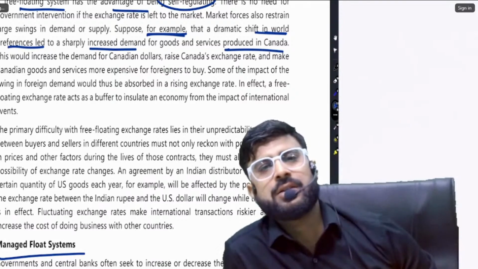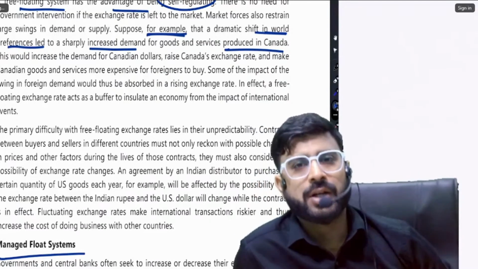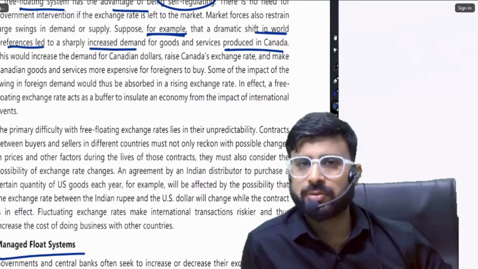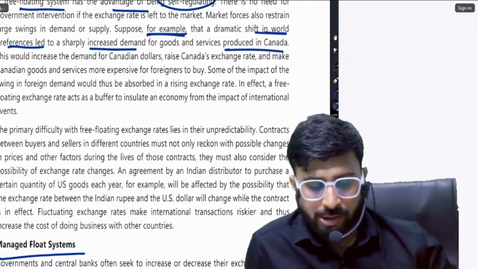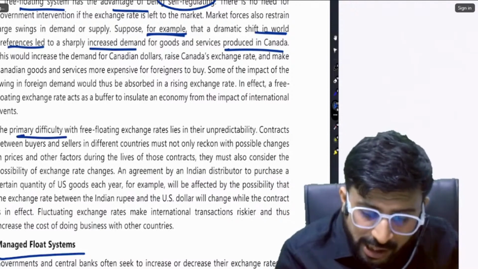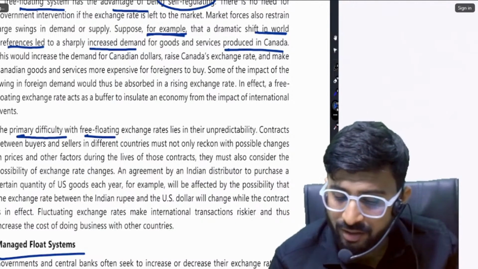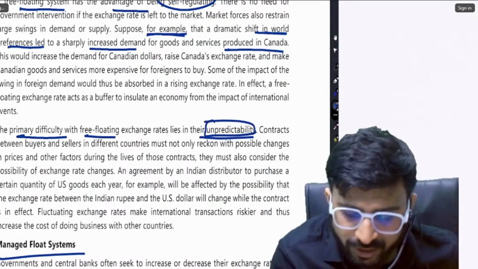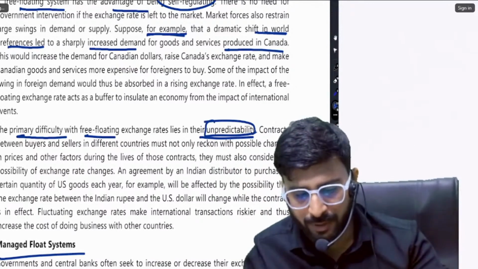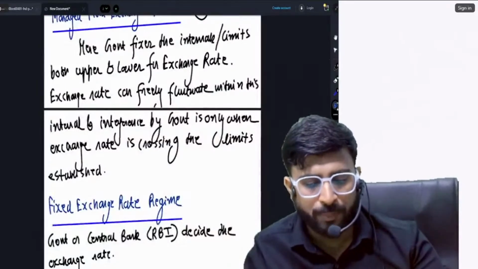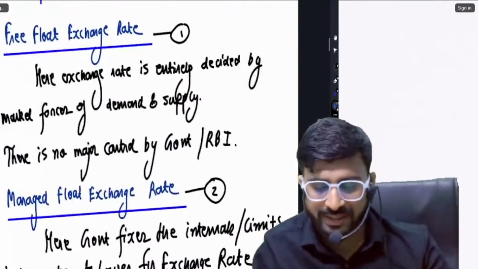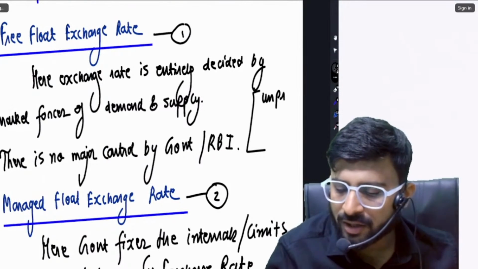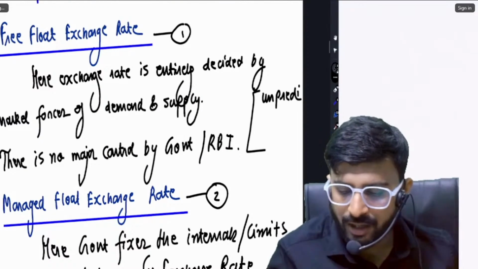Okay, everybody, please pay attention. So what I tell you all is this: the primary difficulty with free floating exchange rates lies in their unpredictability. That is the biggest problem. So what is the biggest problem with free float? Unpredictability. The biggest problem with free float is that it is unpredictable and self-regulated, which means the market decides.